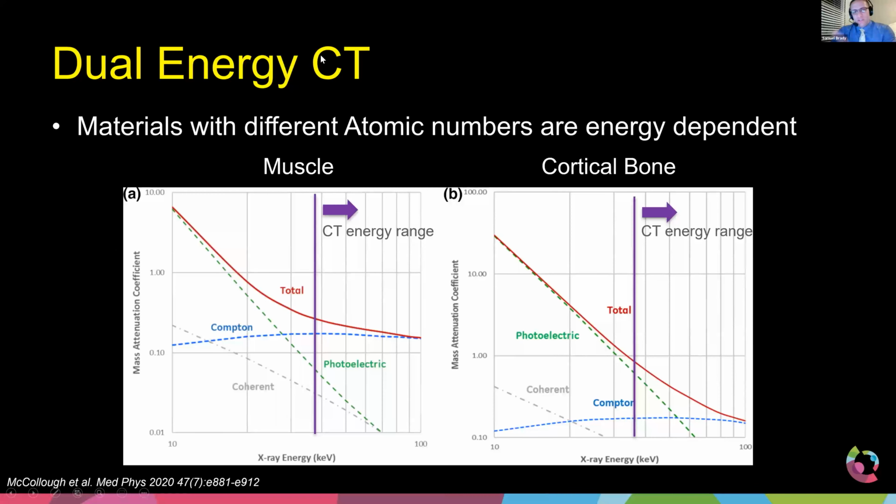So to understand how to optimize dual energy CT, we need to talk just one or two slides about fundamental physics. And so we all know, you've all been taught this in school, that the way we create an image using X-rays is the photon comes in and it will interact with the body.